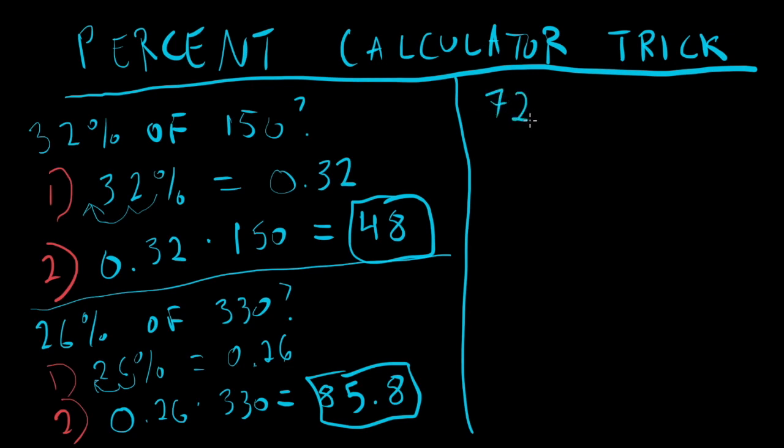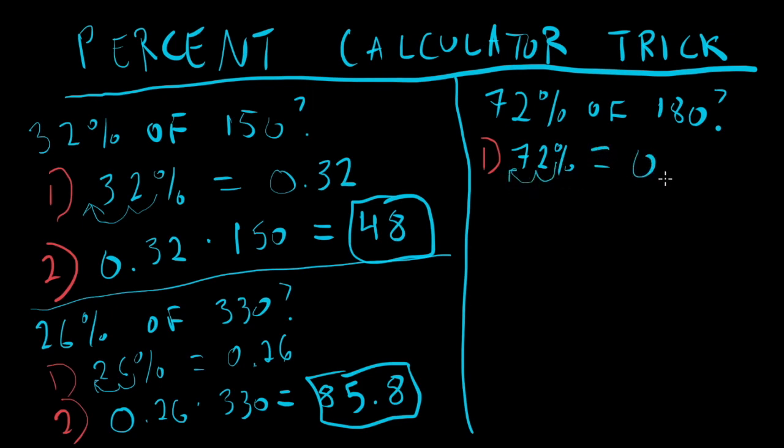And then finally, let's do the last problem you did on your end. So 72% of 180. I want you to try to work that out using your calculator. All right, so hopefully you worked it out. So we're going to say, okay, 72%. First thing is we need to convert to a decimal. So we have 72%. We move it twice to the left.